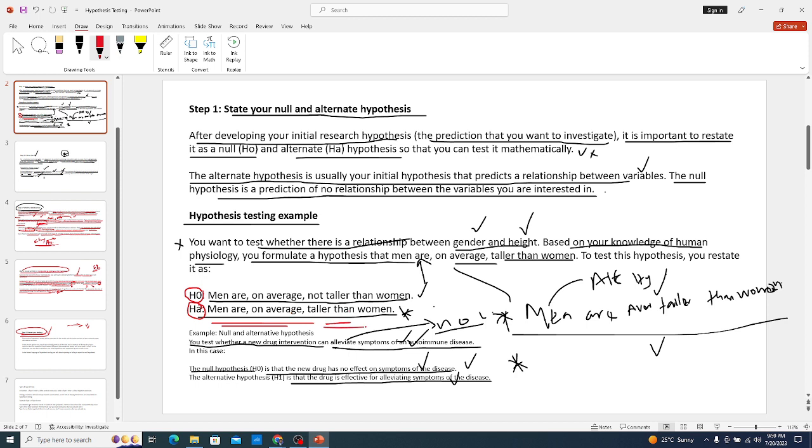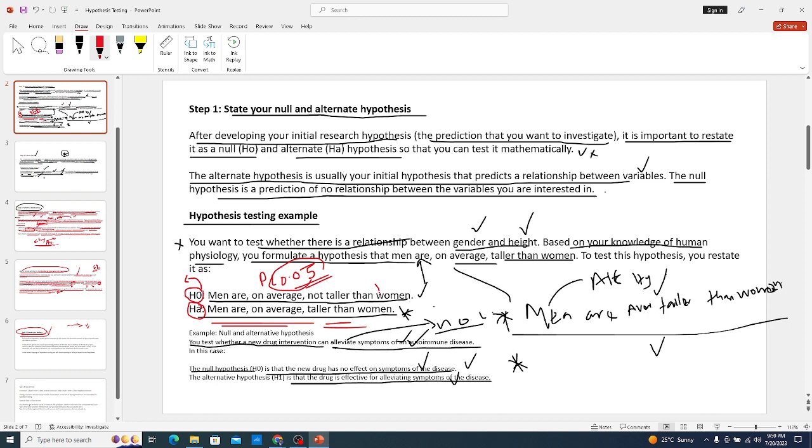But when I fail to reject the null hypothesis, that is when the p-value is less than 0.05, when we are saying that when the value of p is less than 0.05 the null hypothesis is true, then we will say that men are not taller than women.